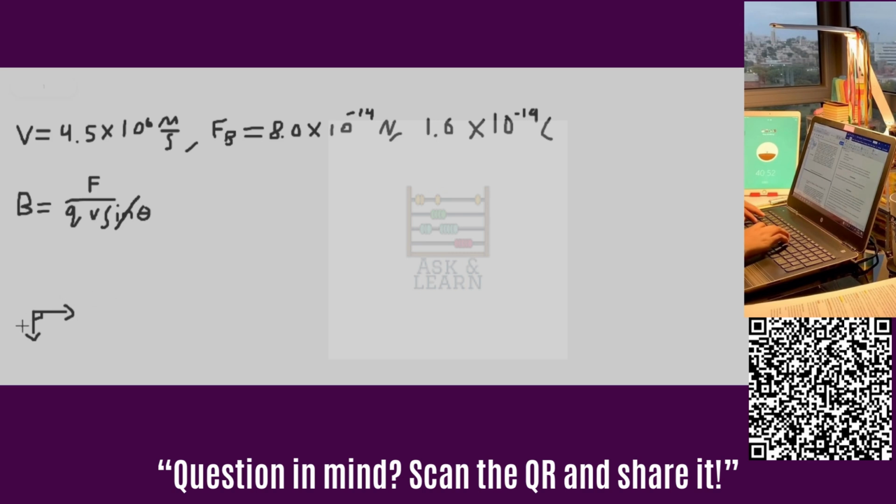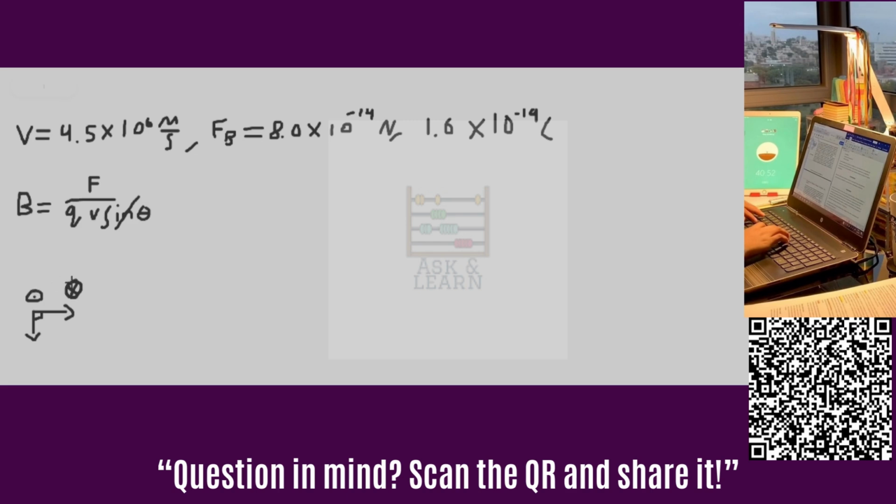But for this diagram, this is a three-dimensional problem, but we only have 2 dimensions here, so this is going to be coming out of the page, which is represented by a circle with a dot. Whereas into the page is represented by an X inside of a circle.